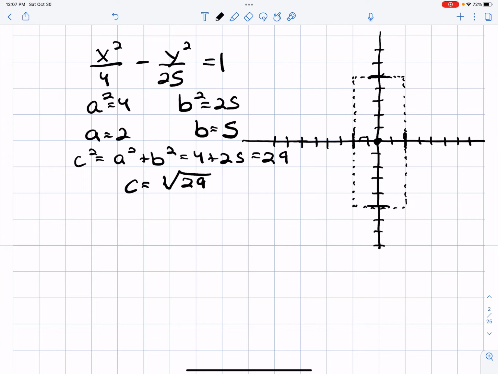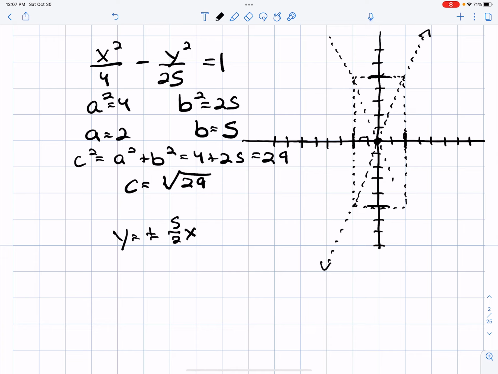And the lines that make up the diagonals of this rectangle that go through the center, those are those lovely asymptotes we were talking about. y equals plus or minus b over a x, so 5 halves x. So you have your asymptotes.